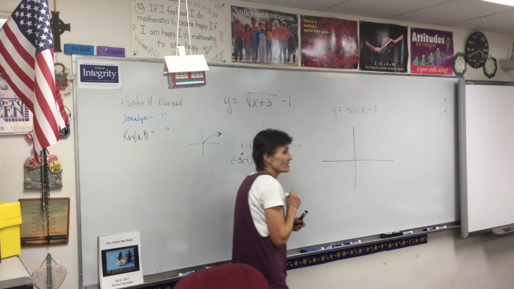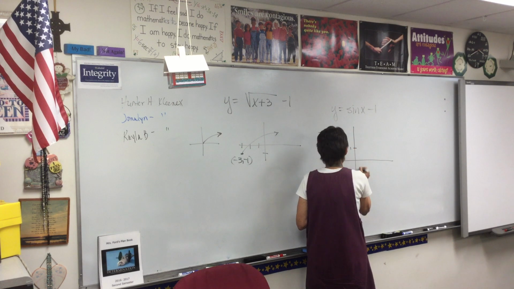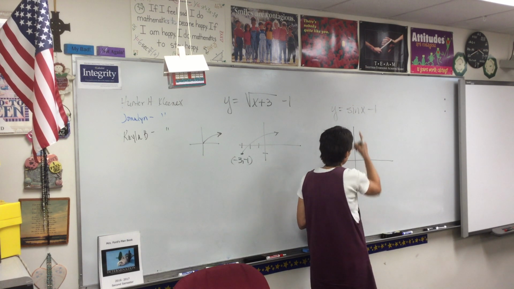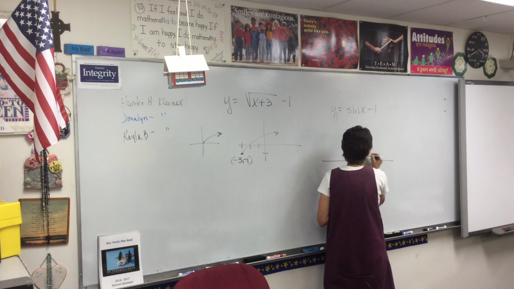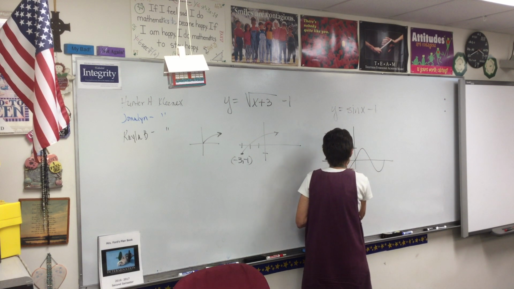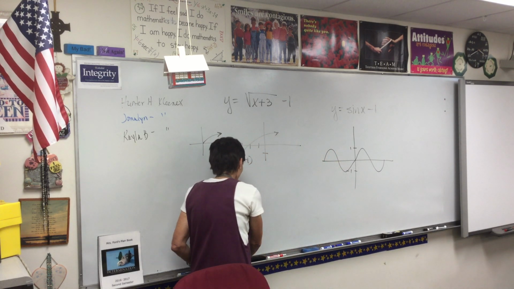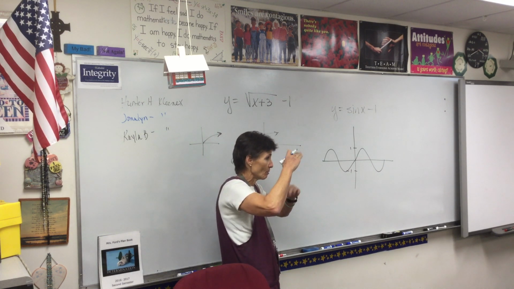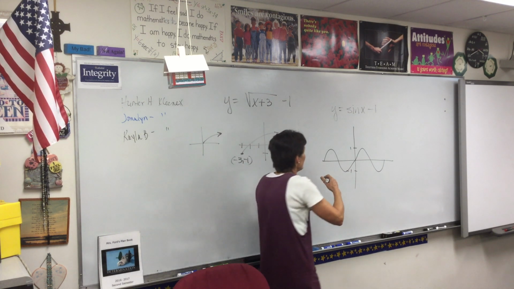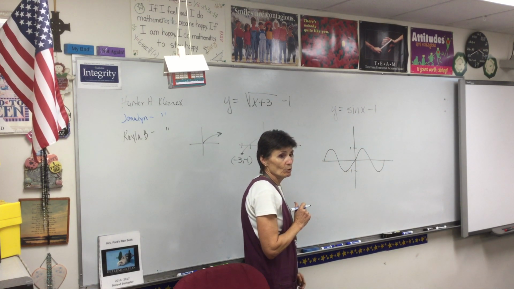So I'm going to start by graphing my regular sine. Do you have to do it this way? No. It's got to have that picture. Okay? So I'm going to go ahead and graph my regular sine, which looks like that. Goes up 1 and down 1. I need to label that so that I have my proportions correct. Now, what am I doing to this sine picture? Moving it down 1.